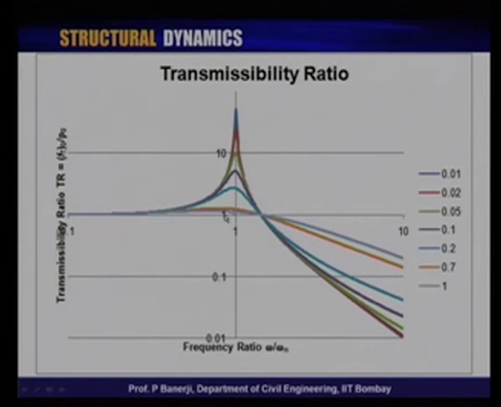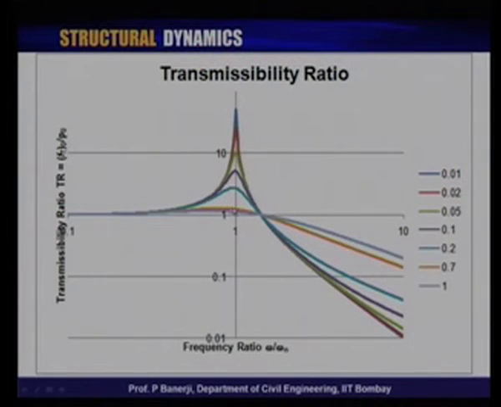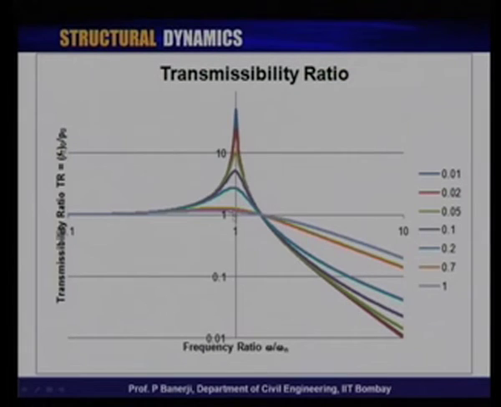In other words, build huge damping into the system such that the transmissibility ratio remains as close to 1. Almost make it critical damping, to ensure that you see 0.7 and 1 are very close to each other. 0.7 is under critically damped, 70% damping. So, you need to introduce huge damping into the system to ensure that the transmissibility ratio remains low.